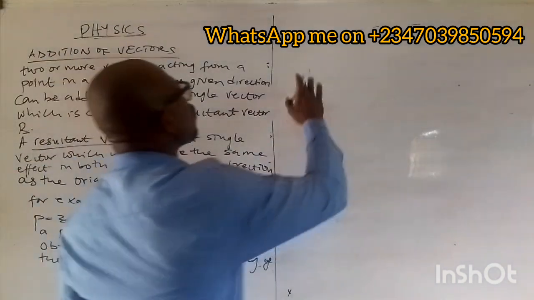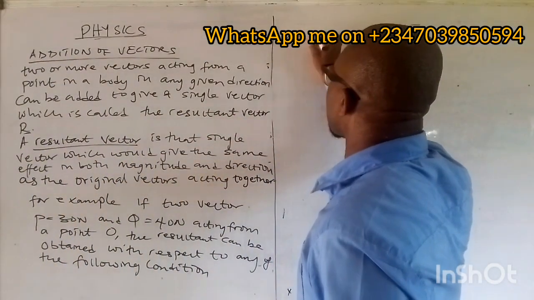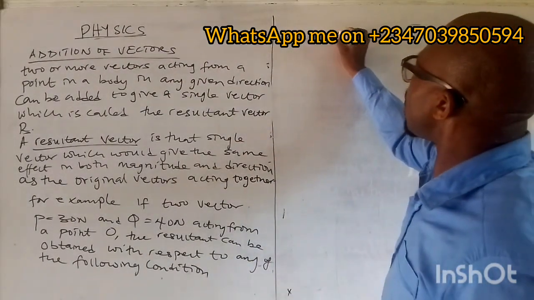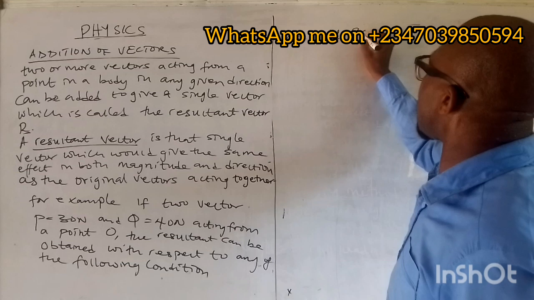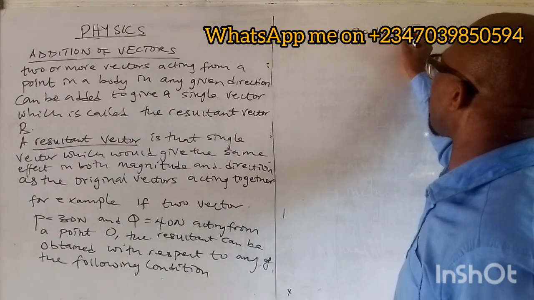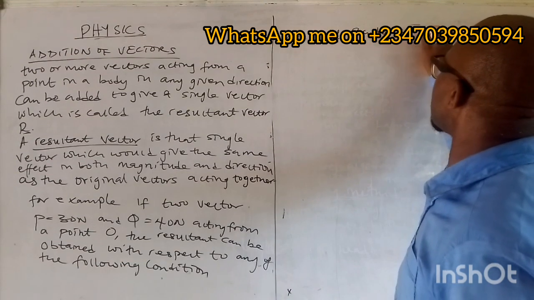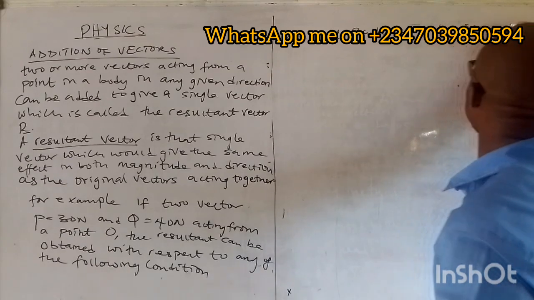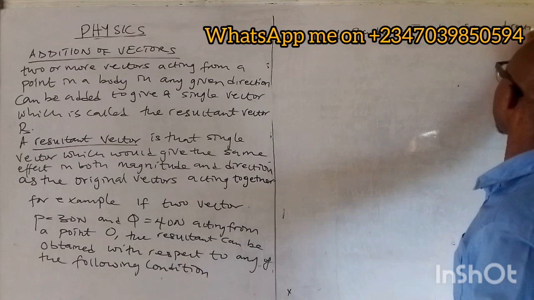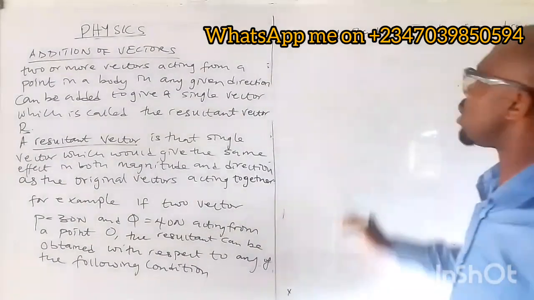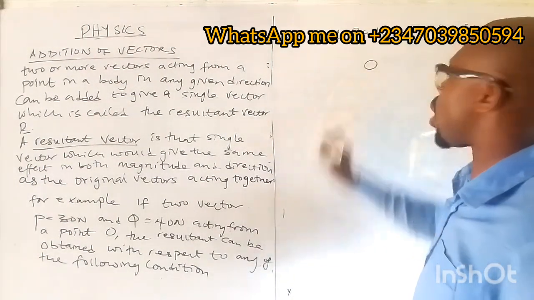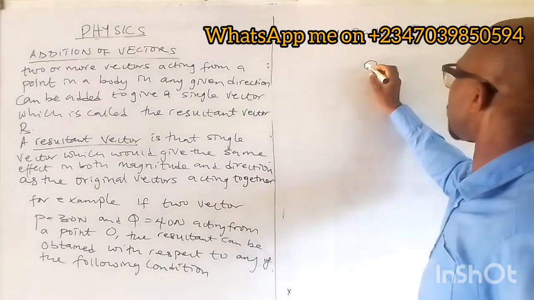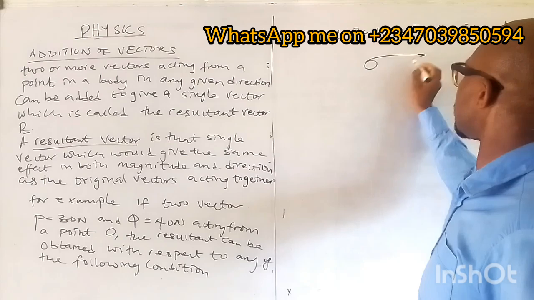Now we look at case 1. If P and Q act in the same direction, assuming this is the point O, we have it like this.